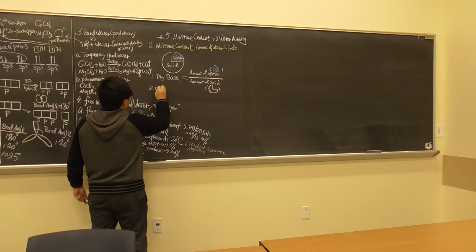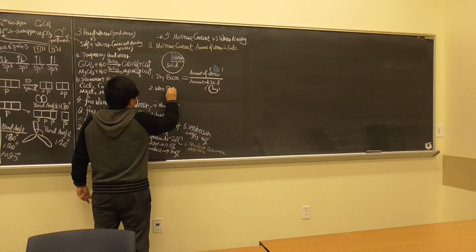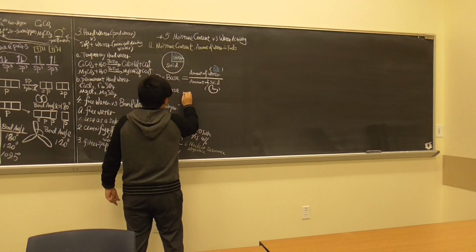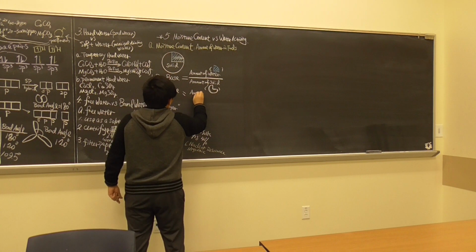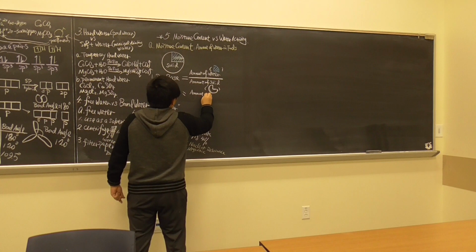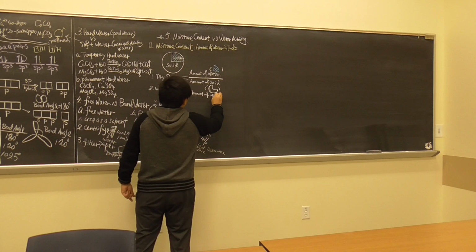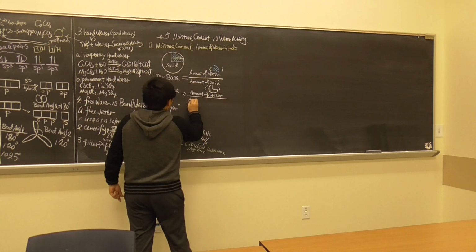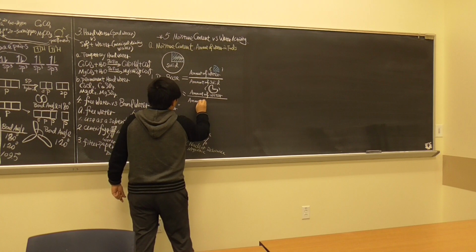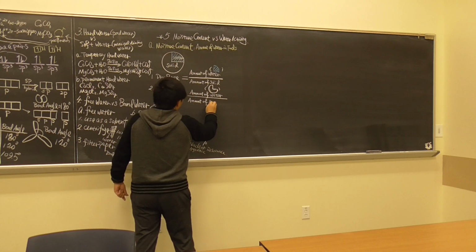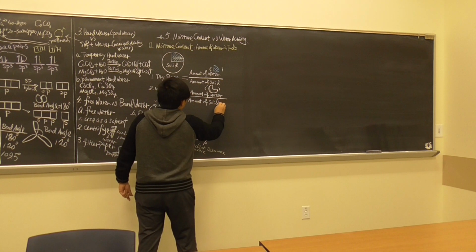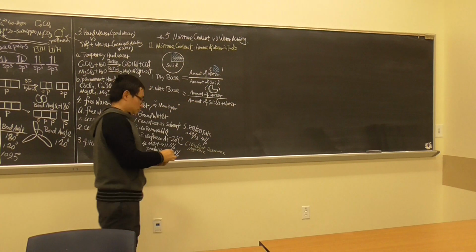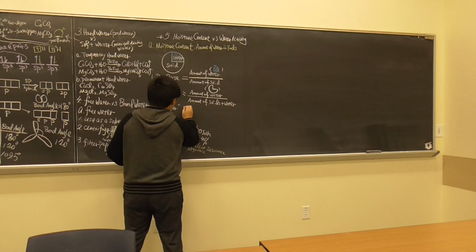Second one, wet base. What does wet base mean? Slightly different. The amount of water divided by the amount of solids and water. So this is very important.